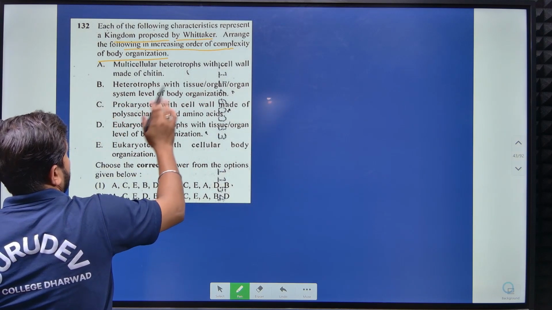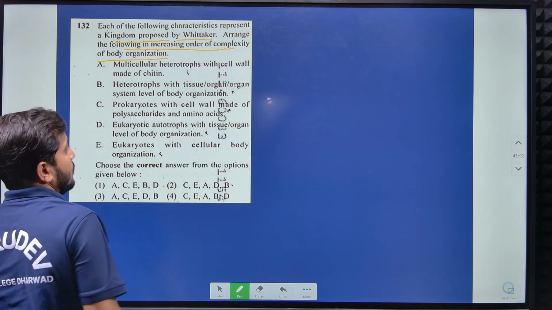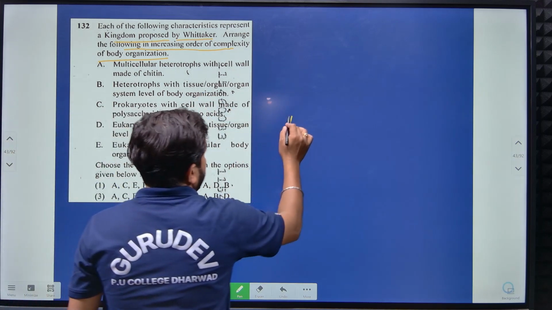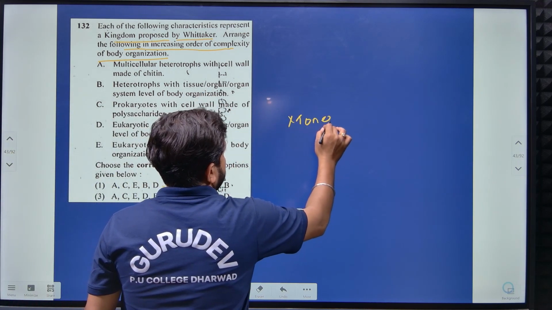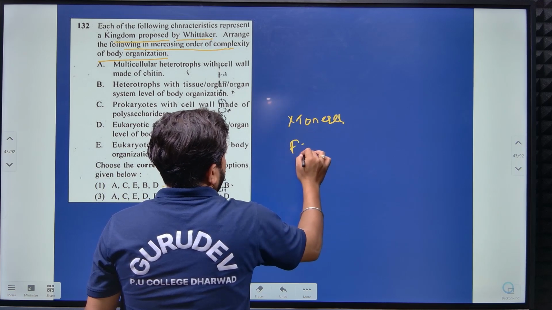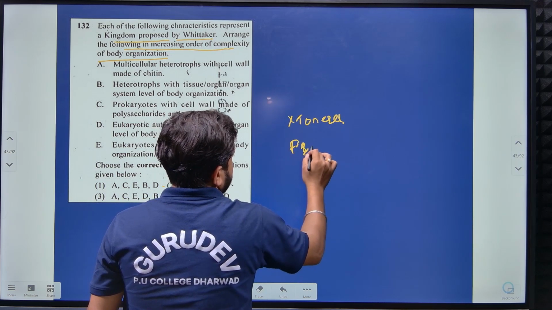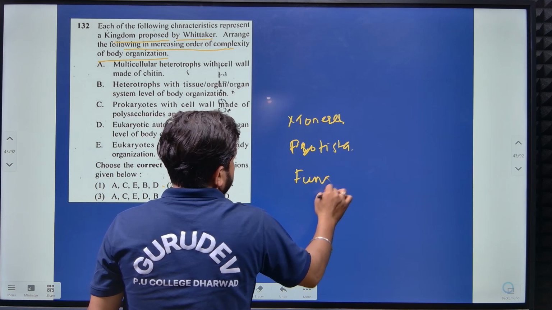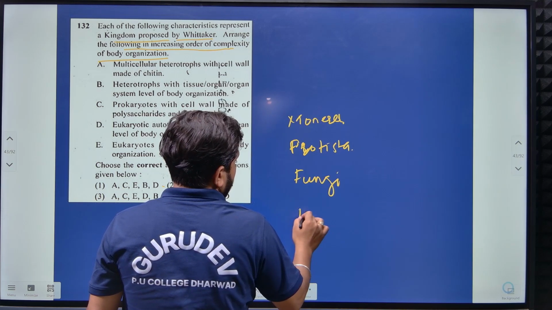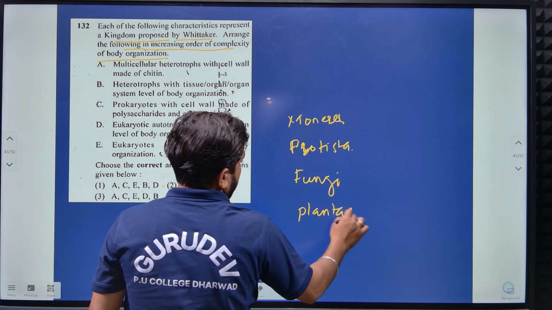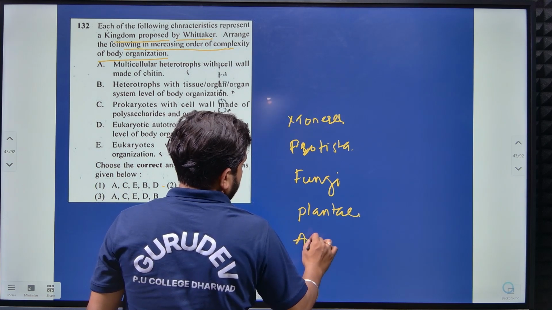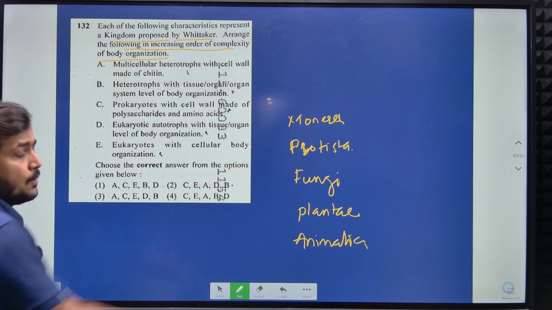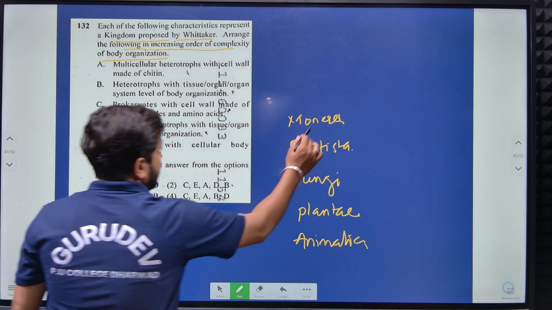The correct order is Monera first, followed by Protista, then fungi, then plantae and animal. So we have to arrange them one after another like this.